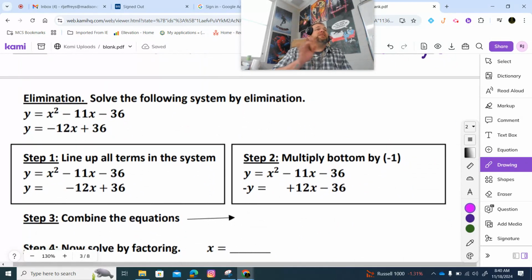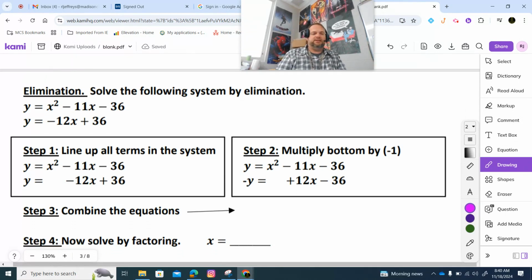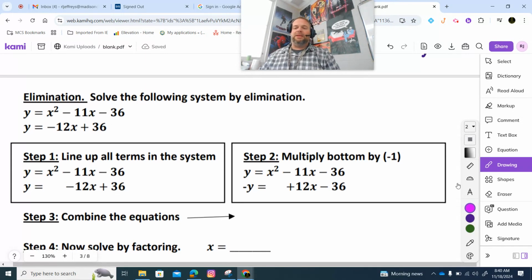Okay? Because honestly, that's what our standard says, is to solve these by substitution elimination. Well, that's the new step, is that step one and step two. Okay? So after that, that's previous stuff that we've done. I don't have to test that again. All right, solving by elimination.